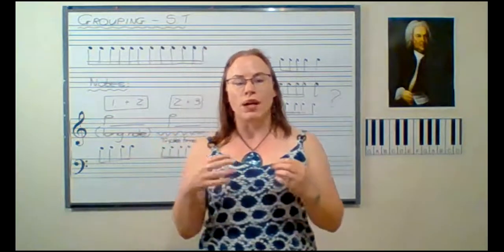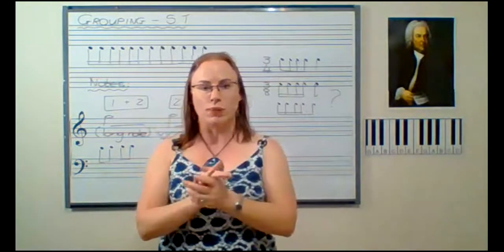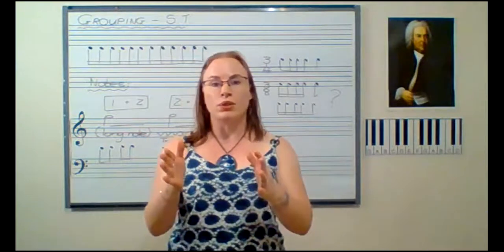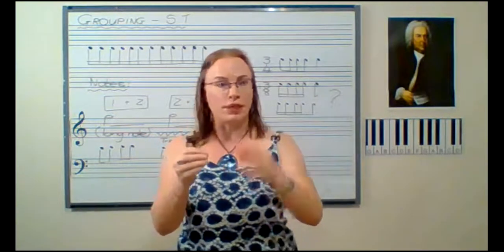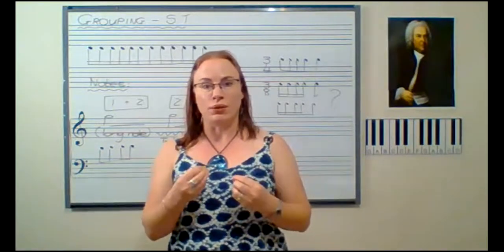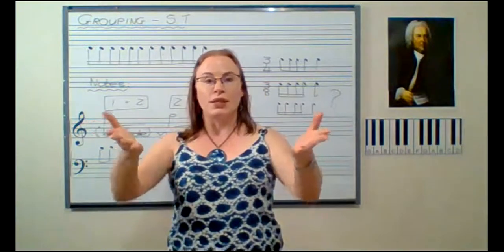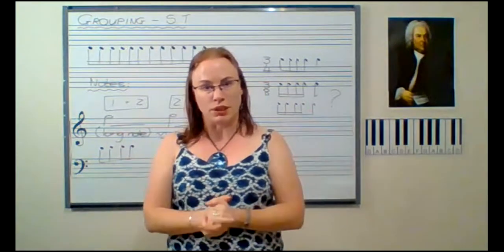So if in 3/4 your tempo is 120 crotchet beats, and you compare it to 120 quaver beats in 3/8, you're going to get exactly the same effect, okay? So I want to give you a blueprint that you can apply to the various time signatures.